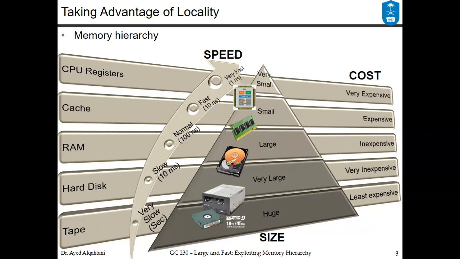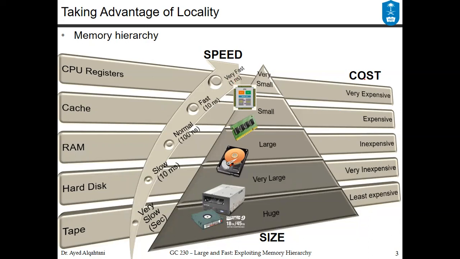And in terms of speed, the tape is very slow. It takes seconds to get an access. The hard disk, probably 10 milliseconds. The RAM is 100 nanoseconds. The cache, 10 nanoseconds. And the CPU registers are very fast, probably 1 nanosecond.